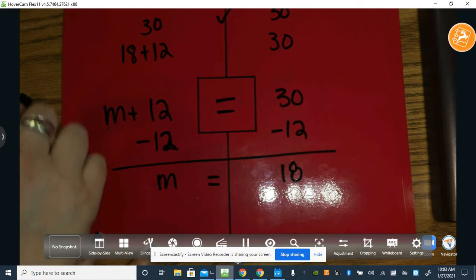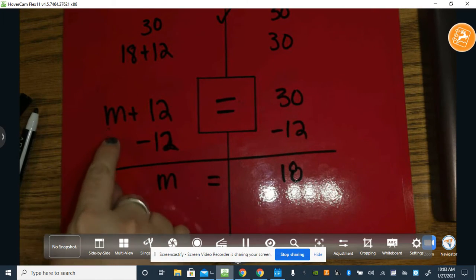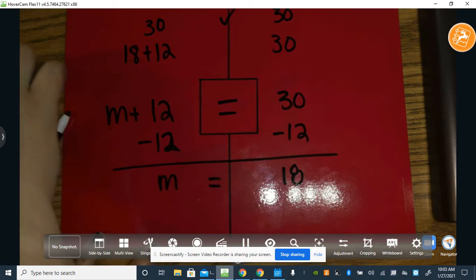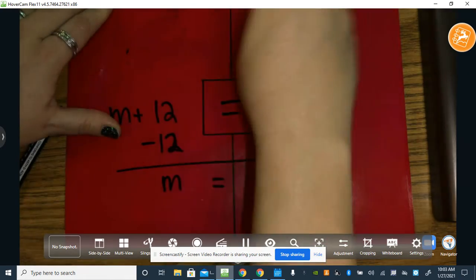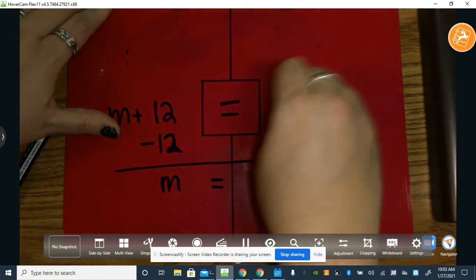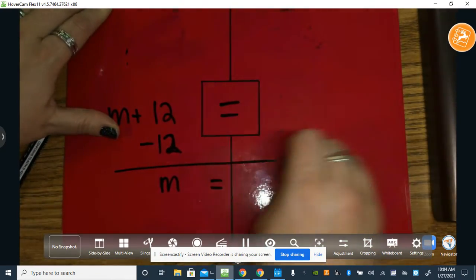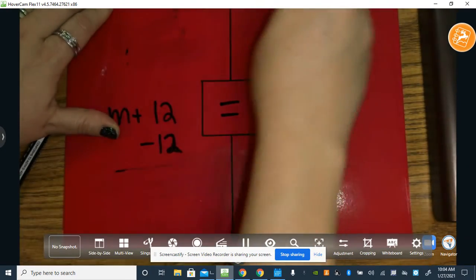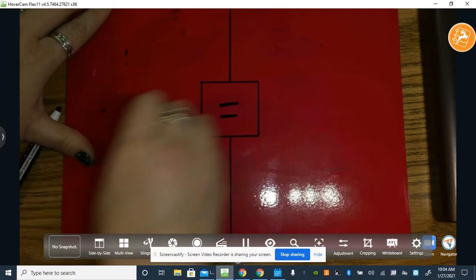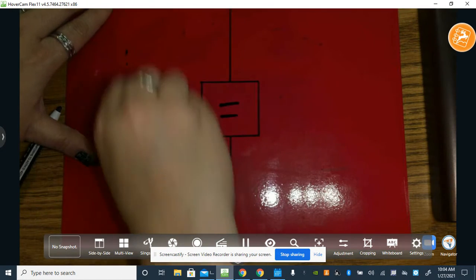Okay? So get in the habit of showing your work underneath it. Like order of operations, when we do our work and we put it underneath it, and we continue on, exactly the same. You want to show your work underneath it. Okay, it's very important so that your teacher knows that you understand what is going on.